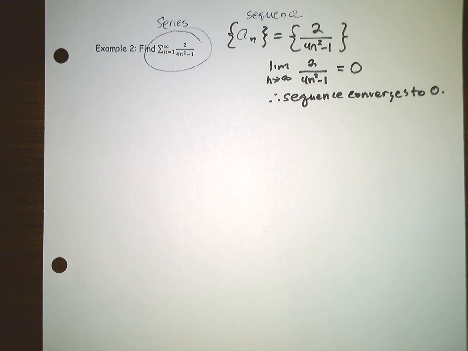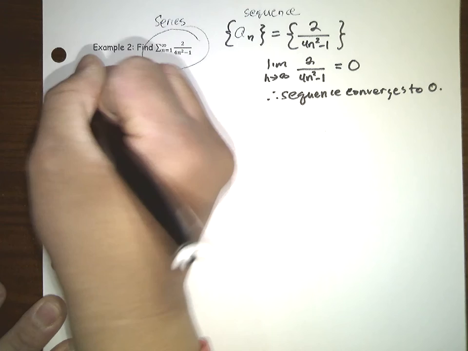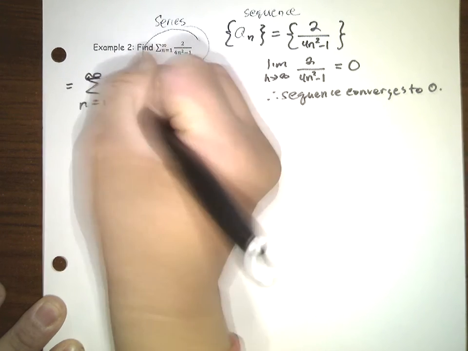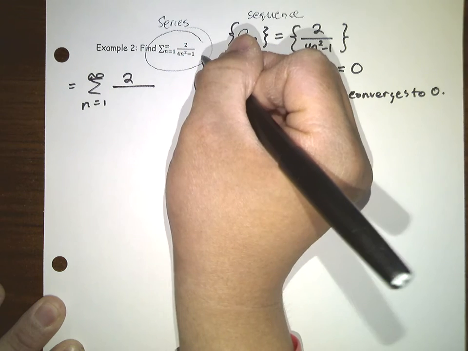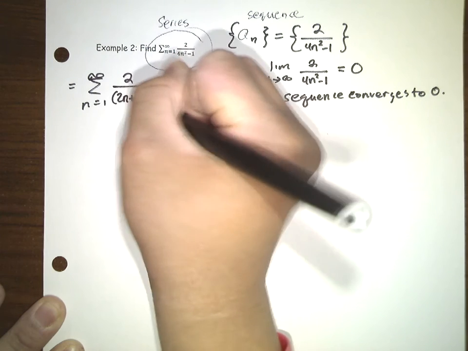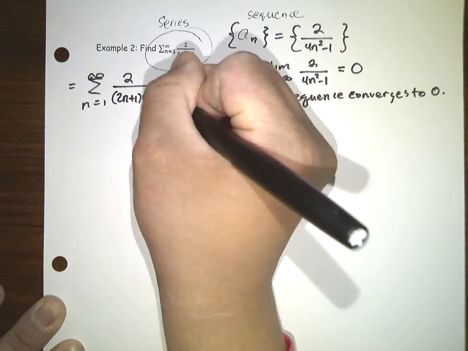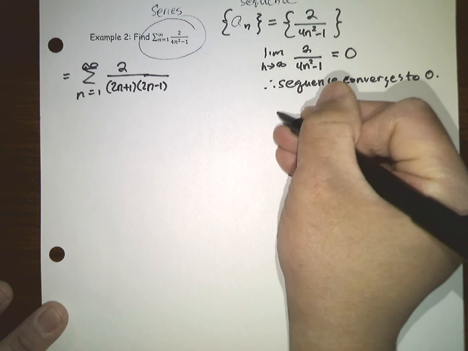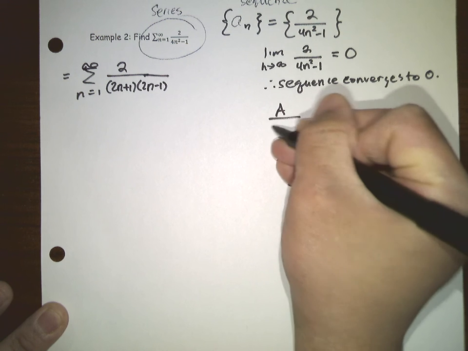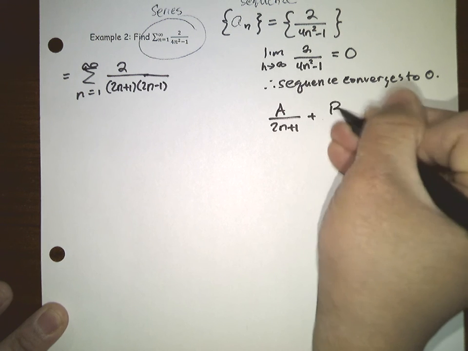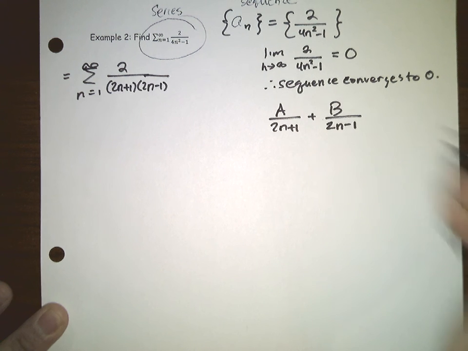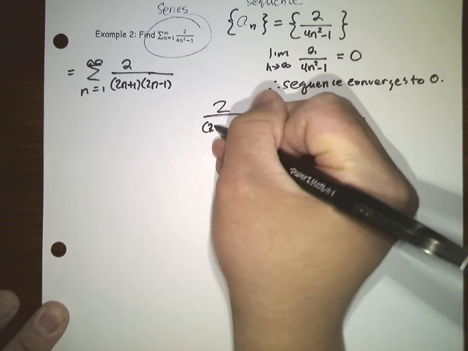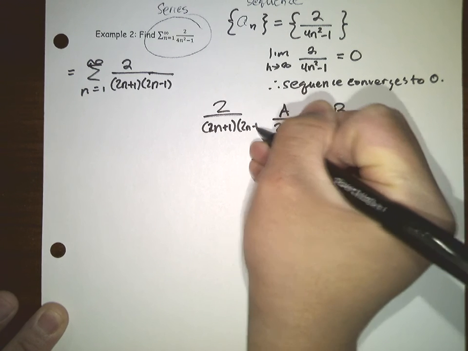Now let's talk about the series here. We have the sum n equals 1 to infinity of 2 over 4n squared minus 1. If I factor that as 2n plus 1 times 2n minus 1, then I can use partial fractions again: A over 2n plus 1 plus B over 2n minus 1.